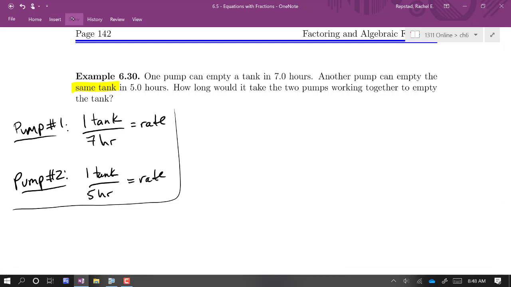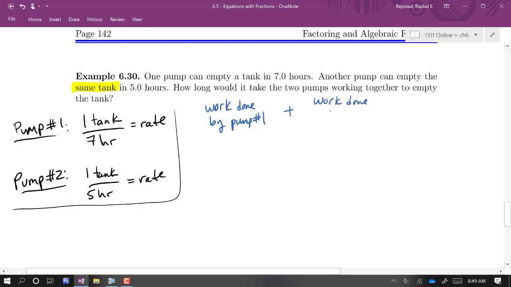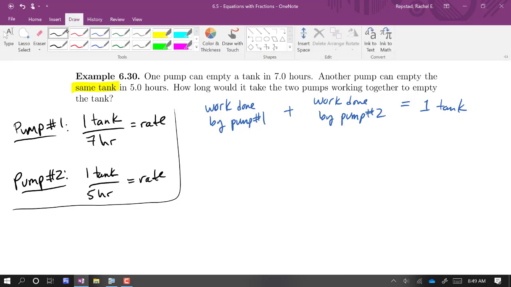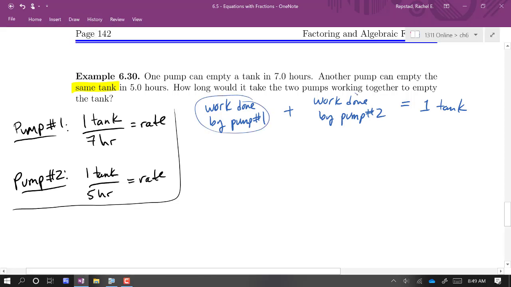So the way that we're going to make this equation is going to take on this form: the work done by pump 1, like the amount of tank that pump 1 empties, plus the amount of the tank, the work done, or the amount of the tank emptied by pump 2, and all that is going to equal this one task, or emptying one tank. All right, so each of these here is a rate times a time.